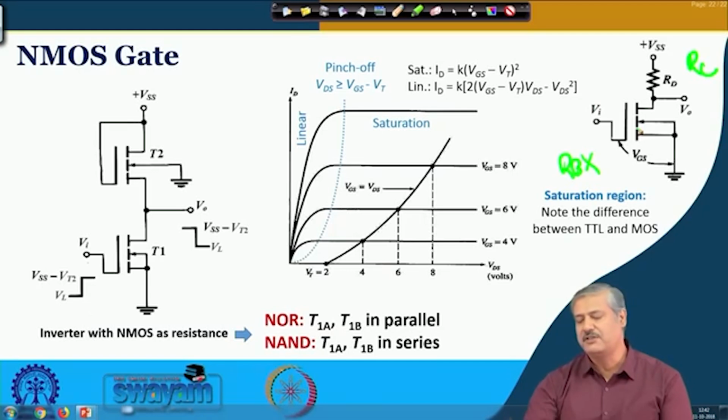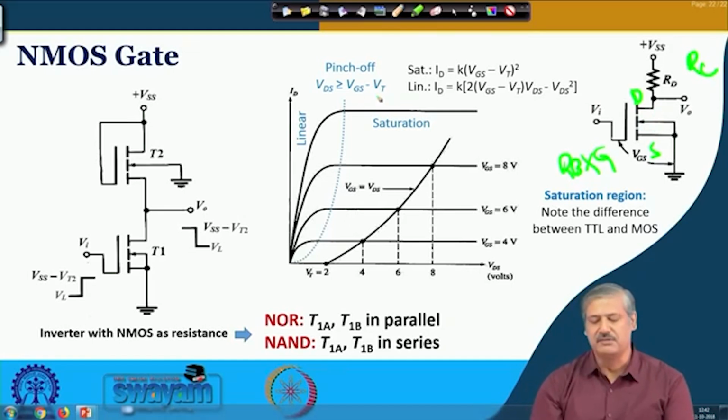So VGS needs to be greater than the threshold voltage. This is your drain, this is your gate, and this is your source. If we keep increasing the drain to source voltage, the current will increase linearly in the beginning, but after that there is an effect called the pinch off effect, when VDS is equal to VGS minus VT.